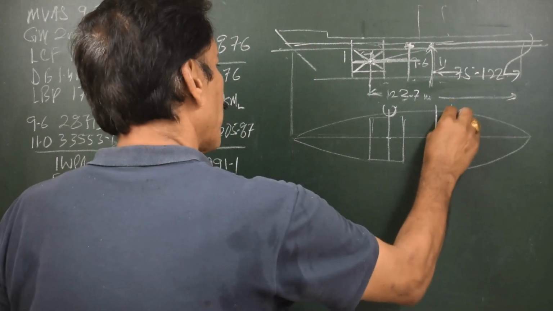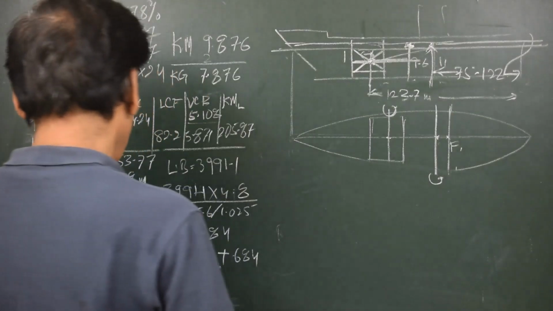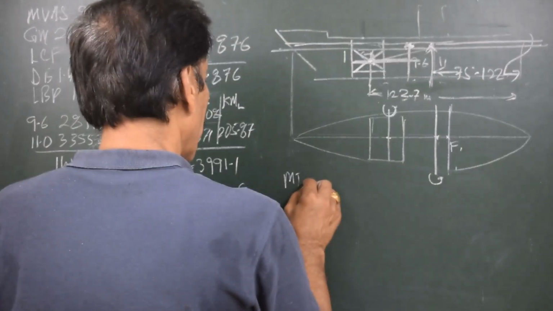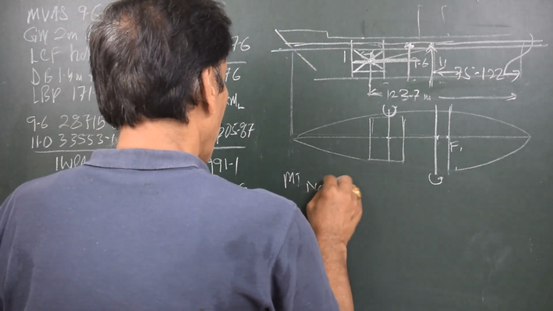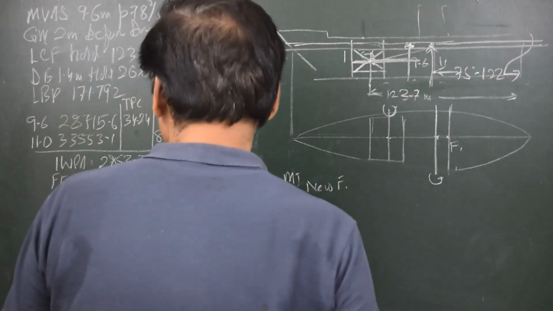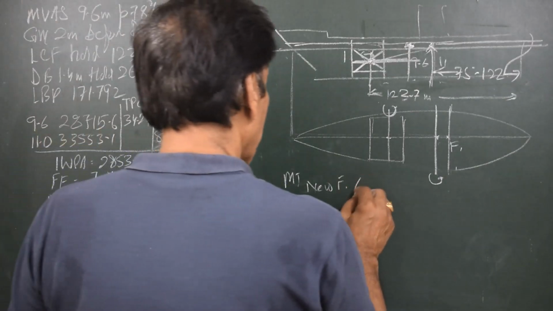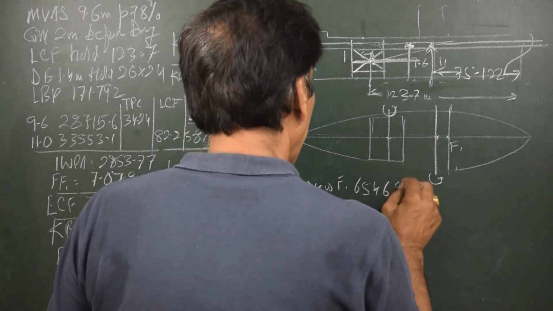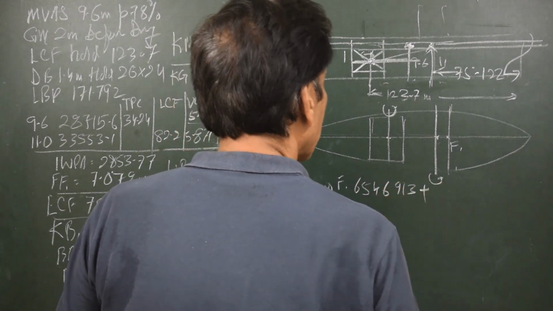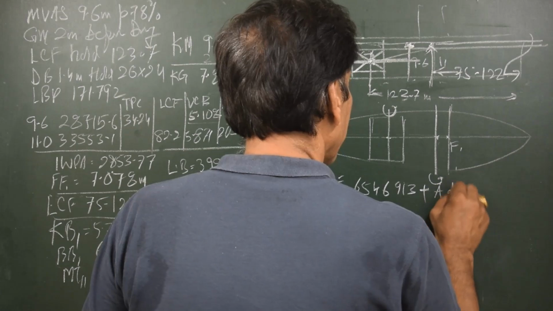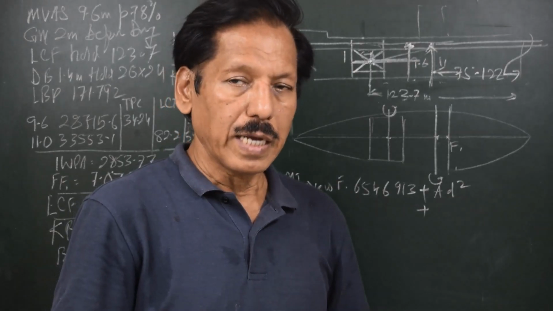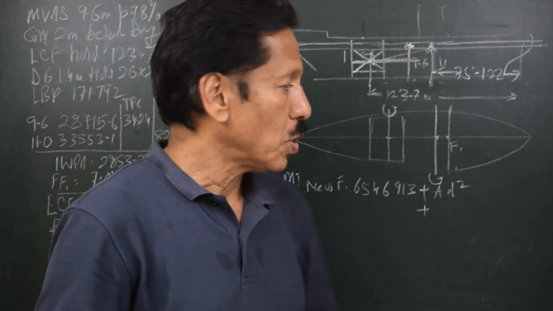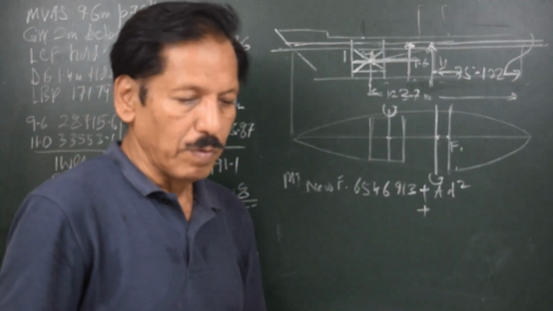So what is the moment of inertia about the new center of flotation? That will be given by 6546913 plus AD square. Water plane area at any draft is TPC into 100 divided by 1.025. So what is the TPC at 11-meter draft?